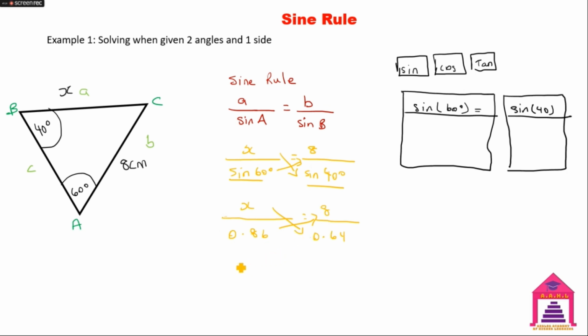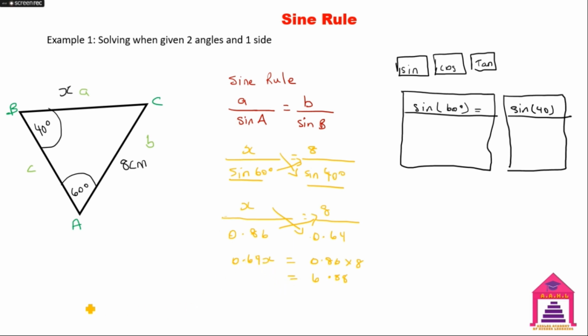Again, you cross multiply it. So you get 0.64x is equal to 0.86 times 8. So we want to calculate that. 0.86 times 8 will give you 6.88.